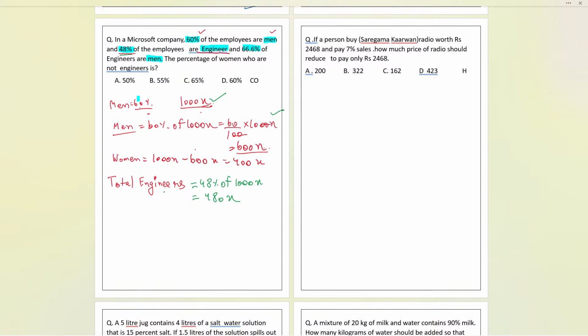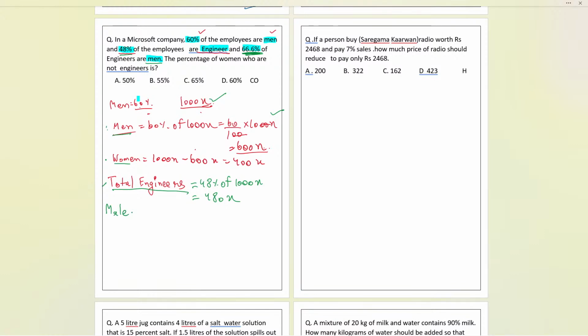Now we have to see, initially men and women we have seen. Now the total engineers, these are the two different things that I was talking about. And now if it is the case, what do we need? We need women. Okay, but there is a condition given: 66% of the engineers are men. Now there's a relation between men and engineers over here. So can I write which are male engineers?